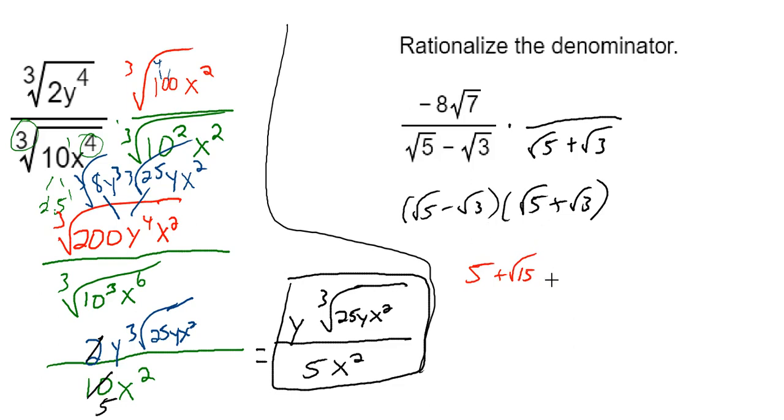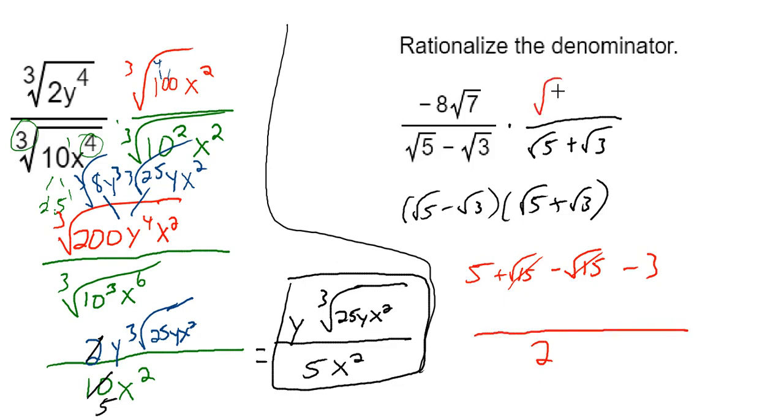Negative square root of 3 times the square root of 5 will be negative square root of 15. Really familiar to a problem that we did earlier. And then negative square root of 3 times the square root of 3 will be negative 3. Right? Negative times a positive will be negative. Square root of 3 times the square root of 3 is just going to be 3. The square root of 15s cancel out. You get 5 minus 3, which is going to be 2. So that's what we get on the bottom.